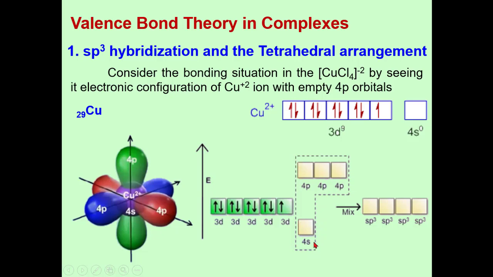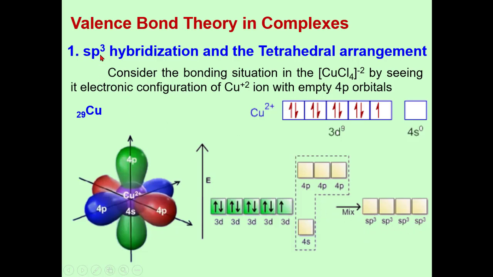This is just to tell you what type of orbitals are mixed together. So here you may see one 4s orbital and three 4p orbitals mix, giving us four sp3 orbitals, and you may see all these orbitals are empty.